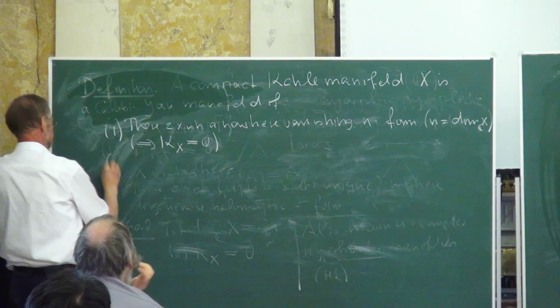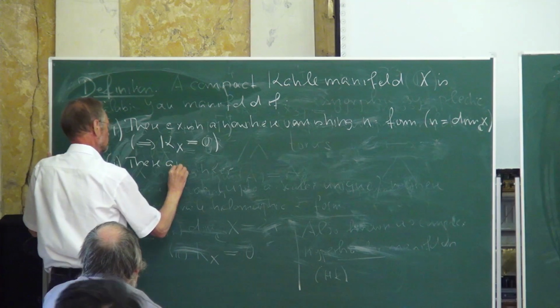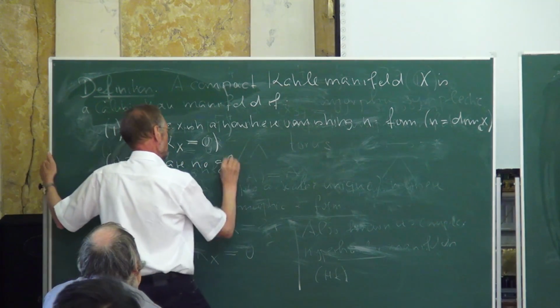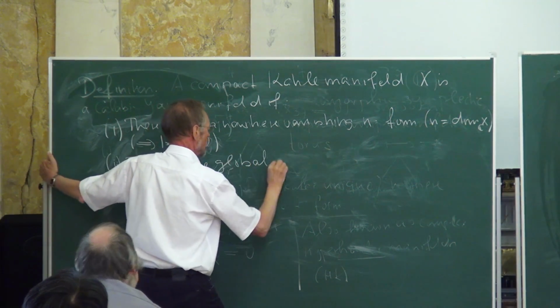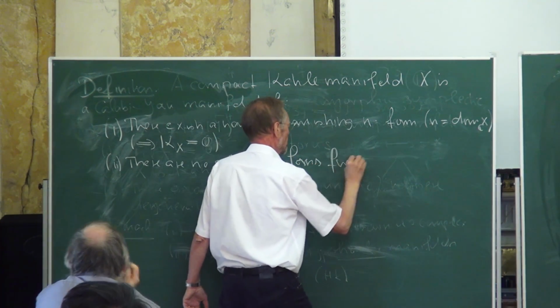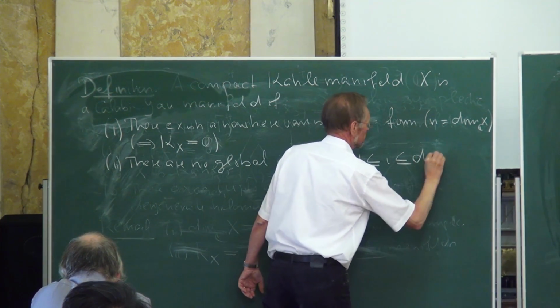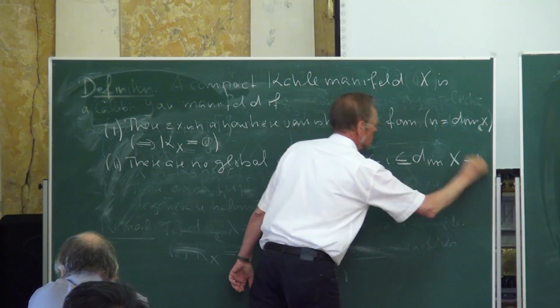And secondly, there are no global i-forms for i between 1 and the dimension of X minus 1.